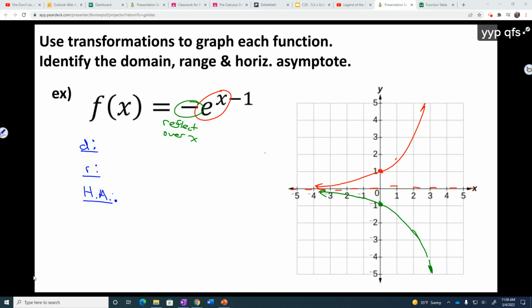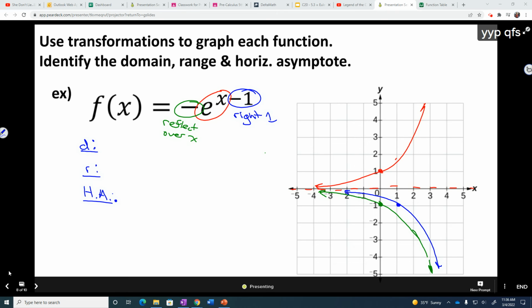So reflect it, and then we also have to do this. Since it's in the x move, that means it's going to be left or right. And it's always the opposite, so it's going to be to the right. So then just take your point, move it over 1. We didn't move the asymptote at all, didn't shift it up or down.